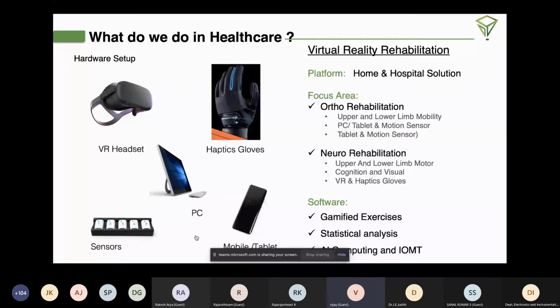It's not only VR, it's a combination of VR, IoT sensors, haptics, things like that. It's a very interesting area, and we have put in a lot of time, money, effort and R&D in this area. So hopefully I'll come back soon, early next year, with the product launch and other things.